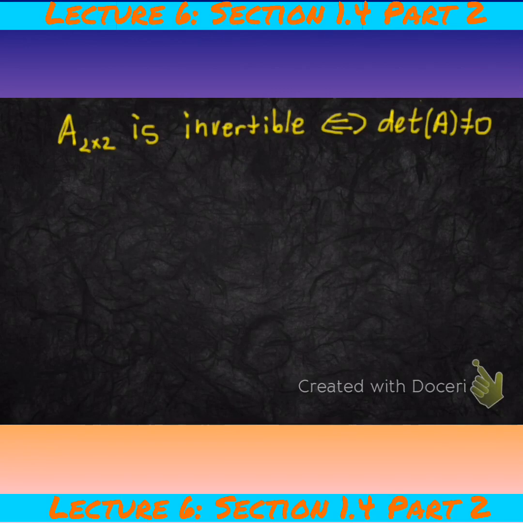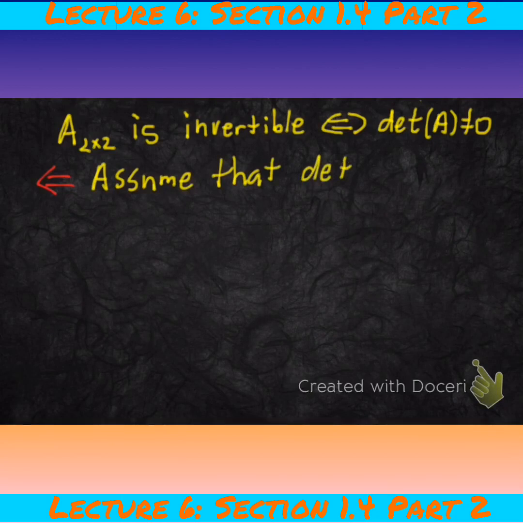Now, proving from right to left, what we do there is we assume that the determinant of A is not 0. Then remember what we did.